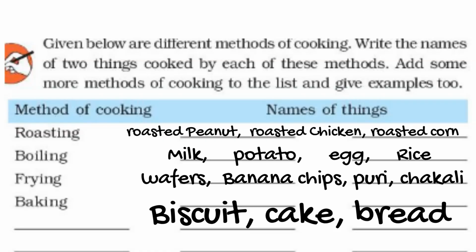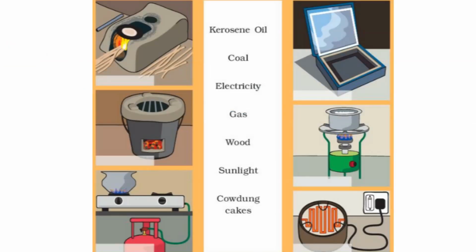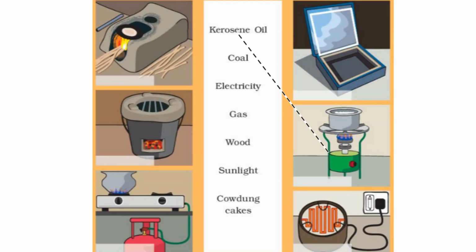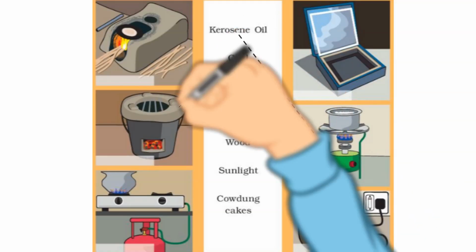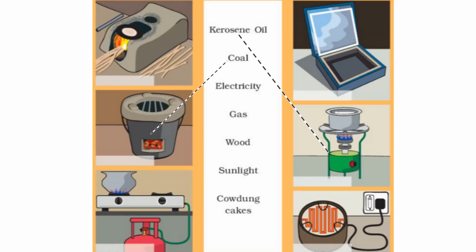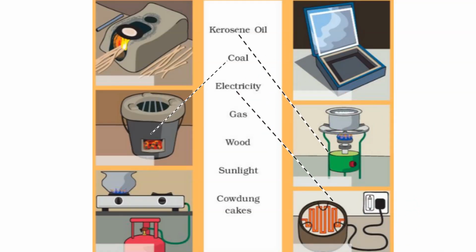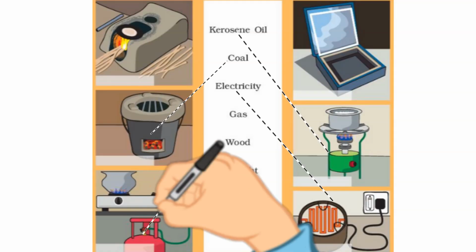All right. We have to match the pairs according to how we generate heat for cooking. We are going to match the pictures with the respective words. Kerosene oil is used in a stove. They have shown the green stove. There they use kerosene oil. Coal is used in the second picture, the coal stove we can say. Electricity is used in an electric heater, an electric baking machine we can say.